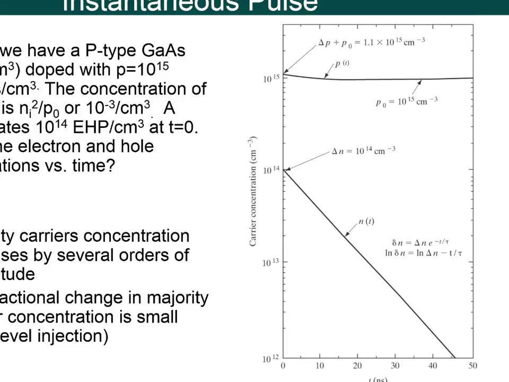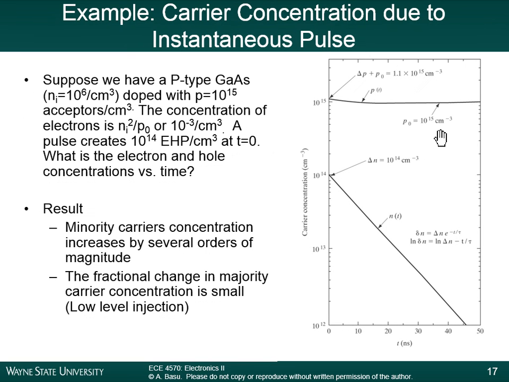The excess carriers change the electron concentration very significantly, but they don't change the majority carrier concentration as much, at least from a percentage standpoint. Does that make sense? So the fractional change in the majority carrier concentration is small. Okay, so you will have an example problem like that in the homework.